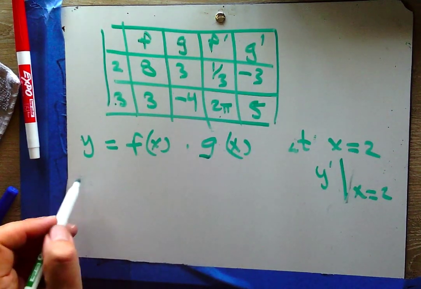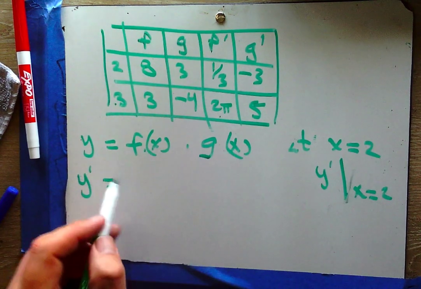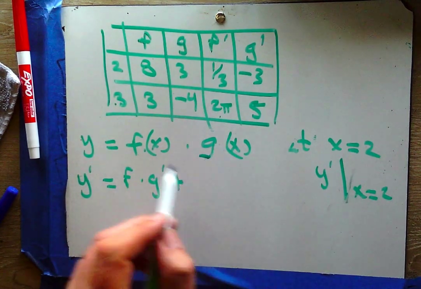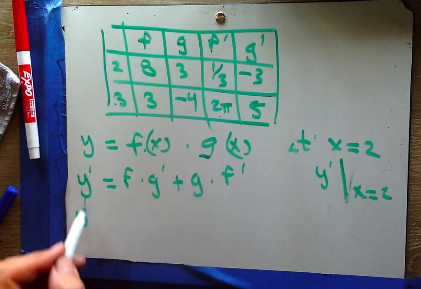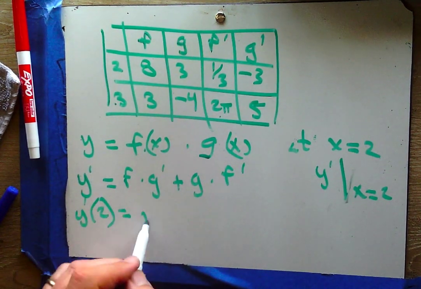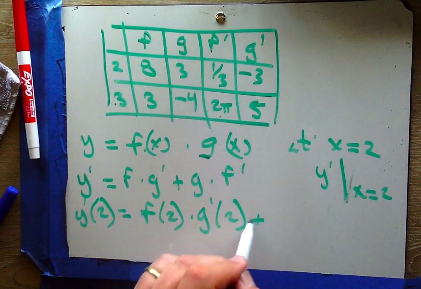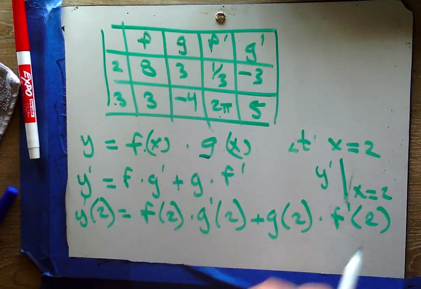Okay, so I like to think you saw product rule. This times the derivative of that plus this times the derivative of that. And I want y prime of 2, so that's going to be f of 2 times g prime of 2 plus g of 2 times f prime of 2.